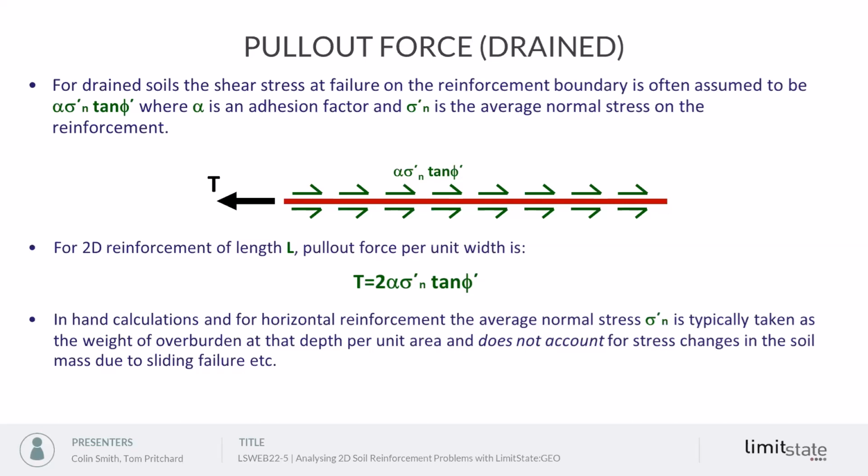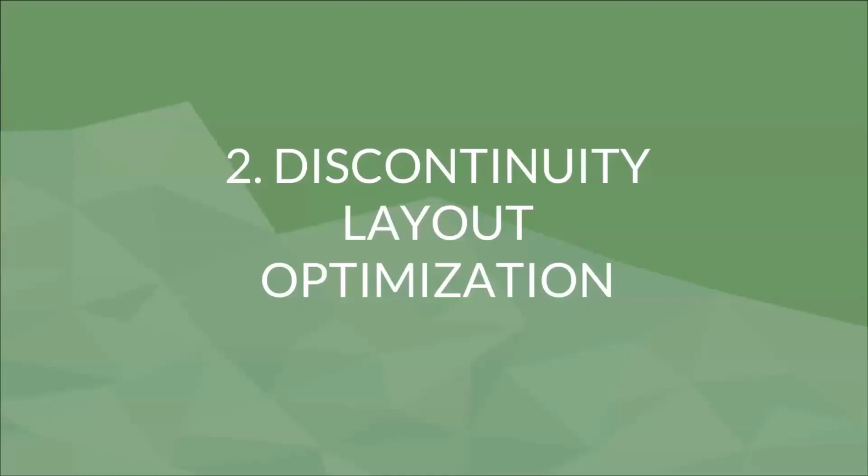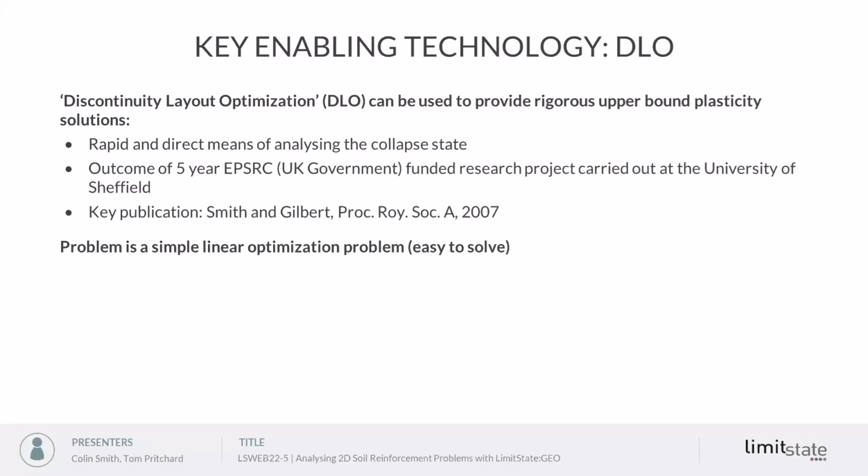So before we look at reinforced soil problems, we'll just have a quick look at how LimitState GEO itself works first. So the software works by using a method called discontinuity layout optimization. That's a rapid and direct means of analyzing the collapse state.